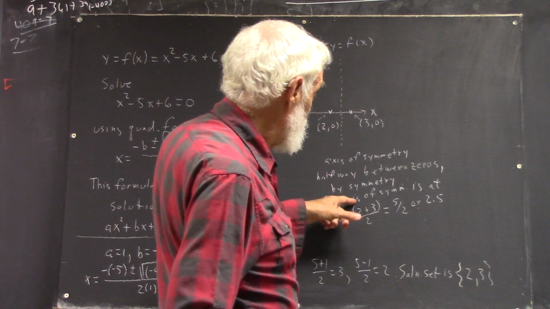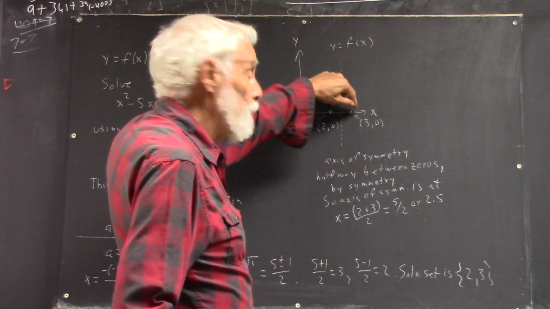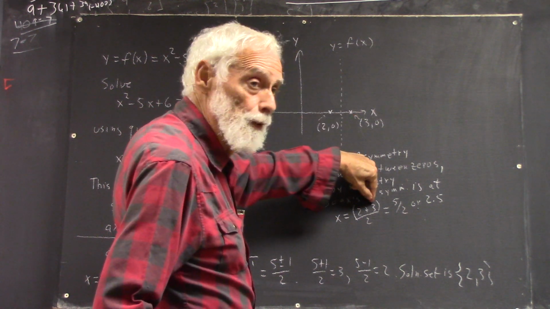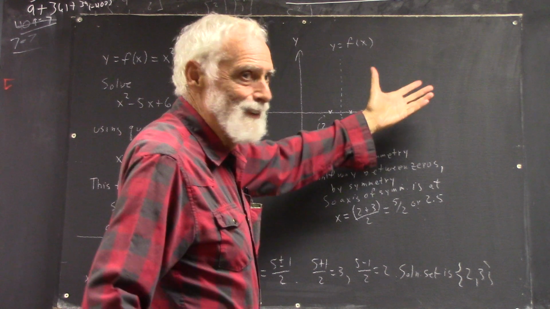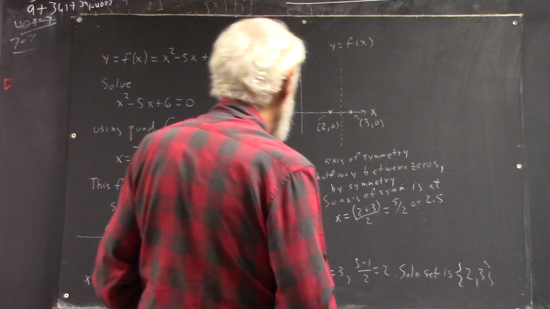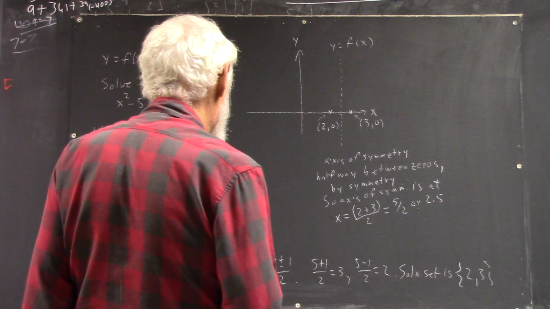Okay, so you didn't really have to do this arithmetic to tell me 2.5 is halfway between 2 and 3, but I wanted to demonstrate the arithmetic because sometimes it's not so obvious. You gotta have the numbers in front of it. Okay, so there we have that.